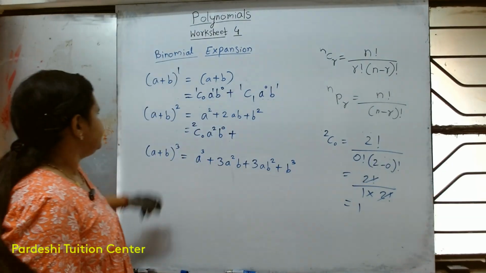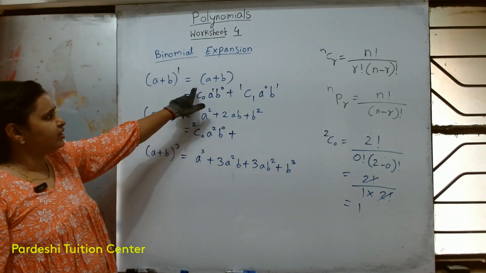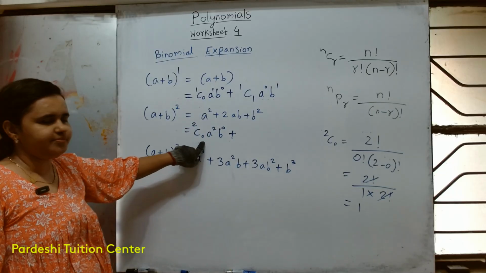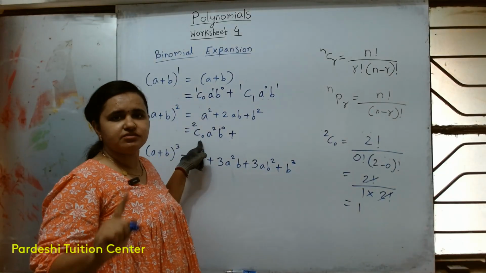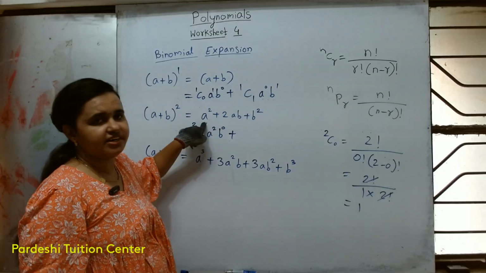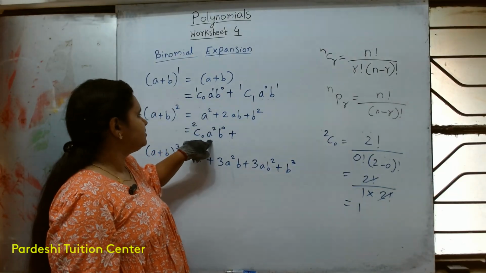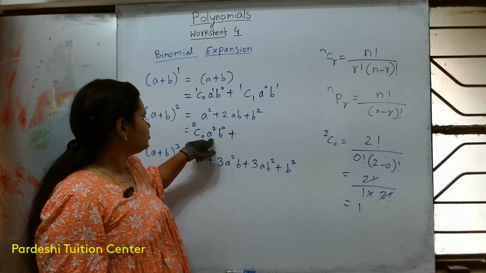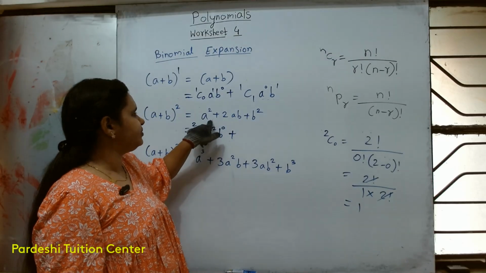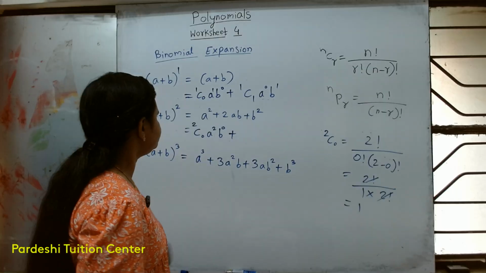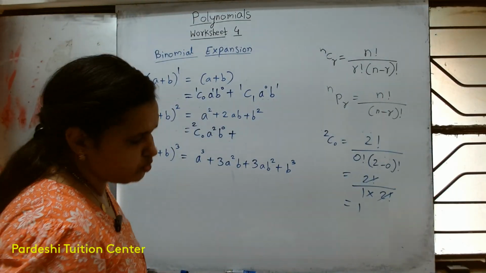Here the power was 1, so I wrote 1c0; here the power is 2, so I wrote 2c0. But the answer is coming as 1 only. Here the coefficient is 1. Now the power of a is 2 here, so I wrote a square, and b is not present here, so I wrote b to the power 0. Now, 2c1.